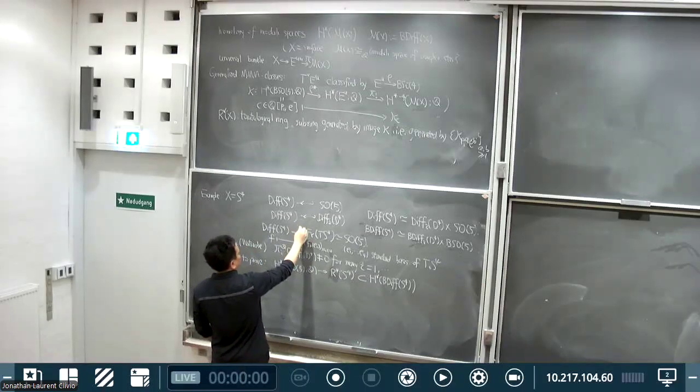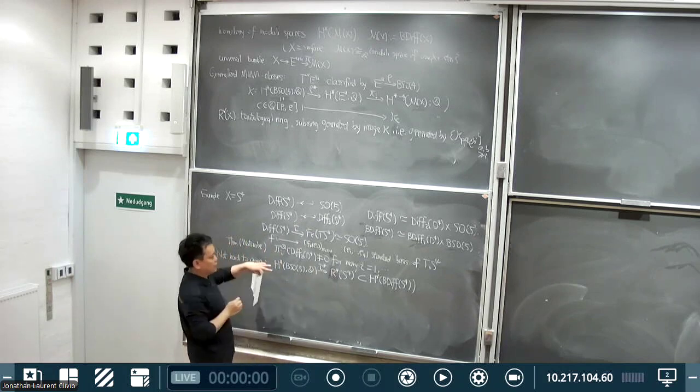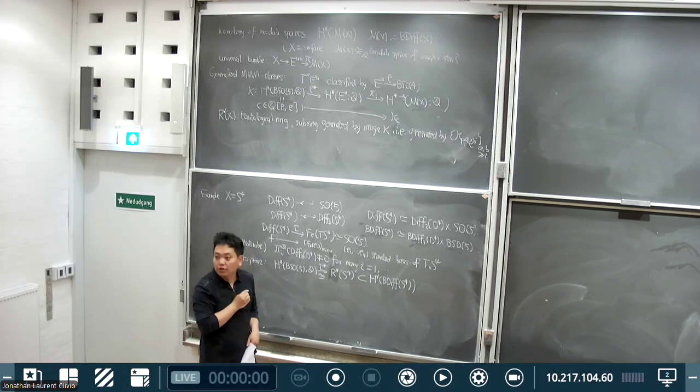Let me call this one. The image of this map is exactly the topological ring.